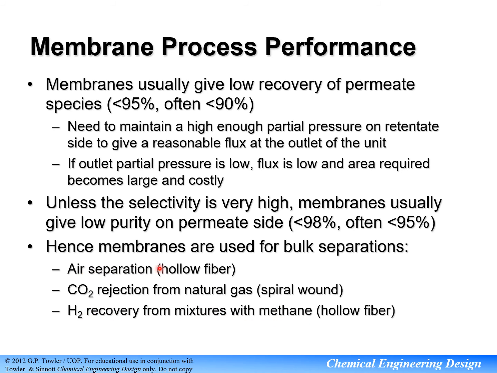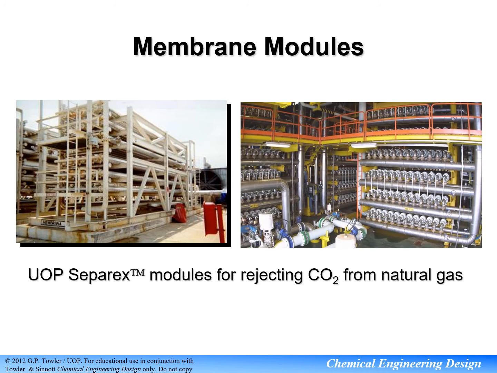Basically, for aspiration we use hollow fiber, and for CO2 rejection we use spiral wound. So this is the membrane module inside the industry. This one is an example of rejecting CO2 from natural gas.